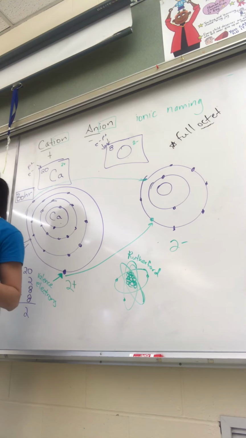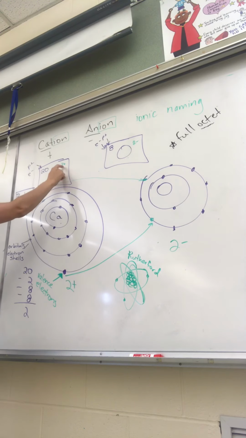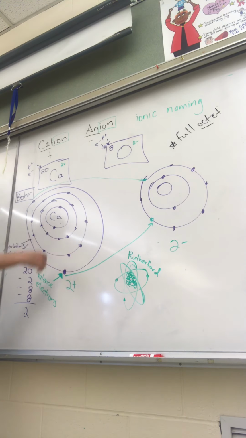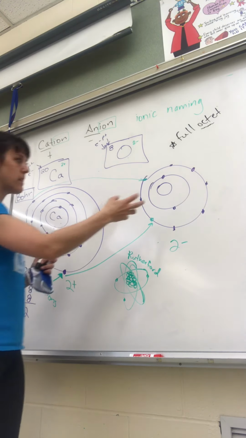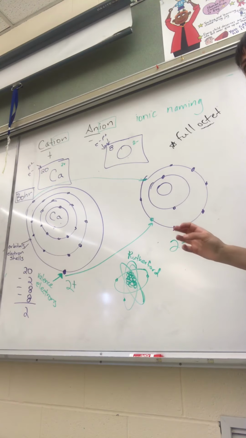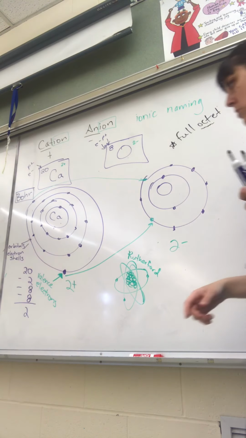That's what we were able to see. If you look at your periodic table, the charge is showing the ionic charge. Calcium has 2 valence electrons to give away, and our anion in this case is oxygen. It steals 2 electrons, so that has a 2 minus charge.